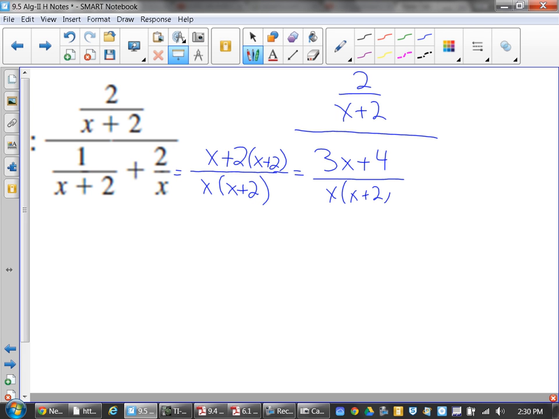This is the exact same thing you did yesterday. It's already factored for you. You write 2 over x plus 2 divided by... this is going to be the only time that I write it out with the division symbol. From here on out, I'm going to automatically flip to the fraction. I just want you guys to see what's going on.